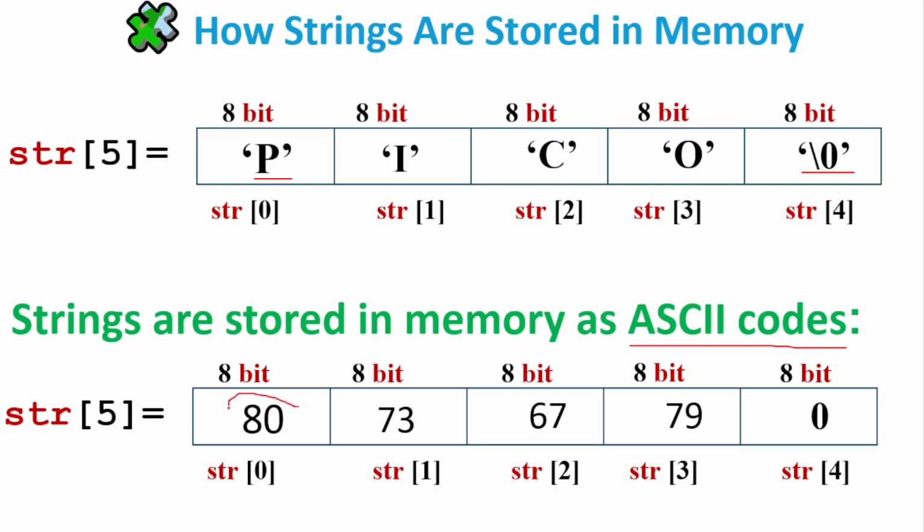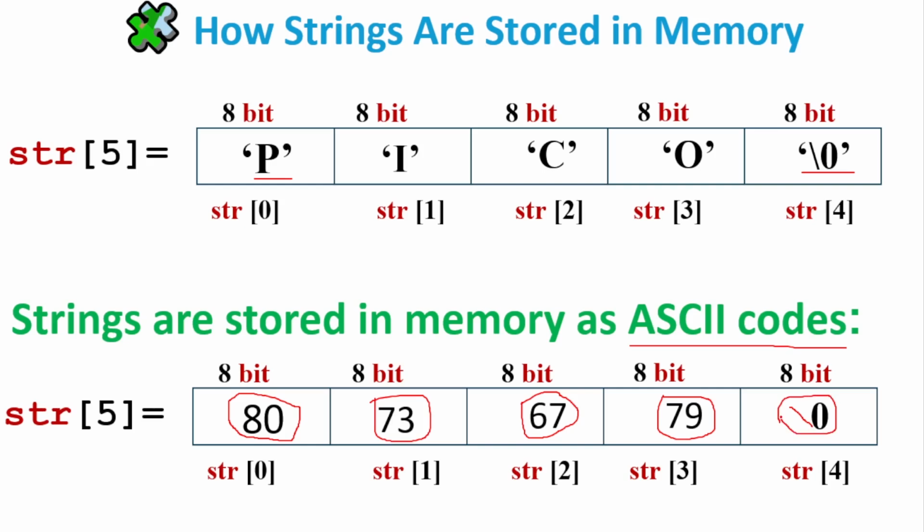For example, the string PIC3 is stored like this in memory: P = 80, I = 73, C = 67, 3 = 51, and at the end, there is a special null character, backslash 0, to tell the program where the string ends.